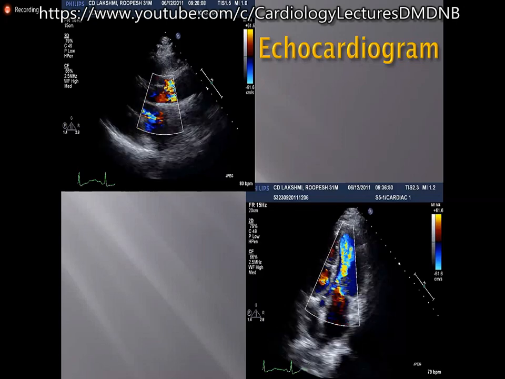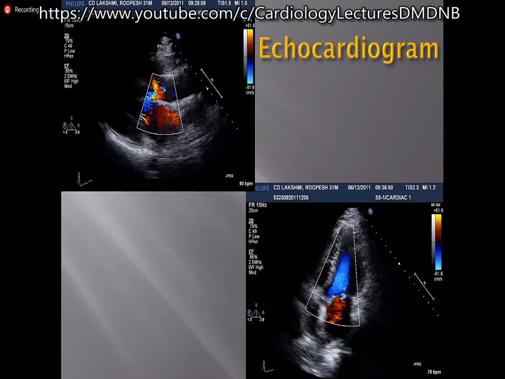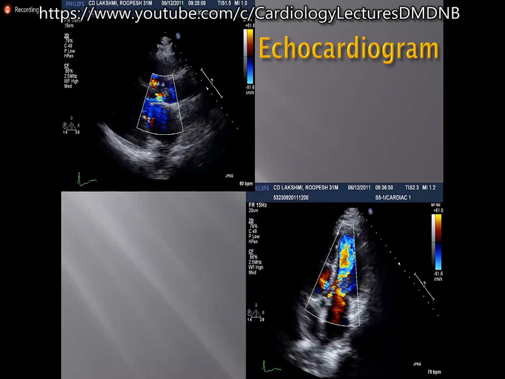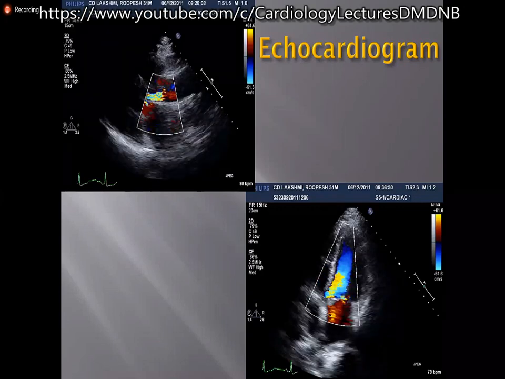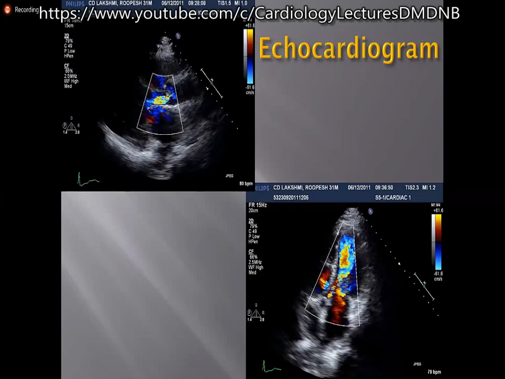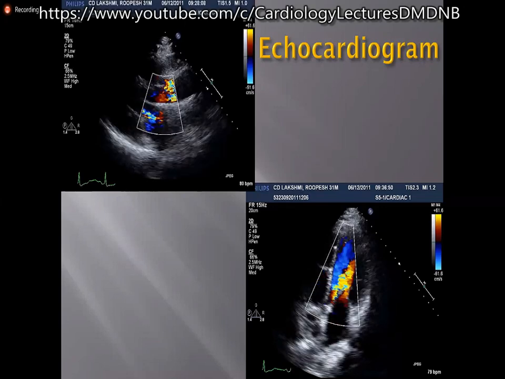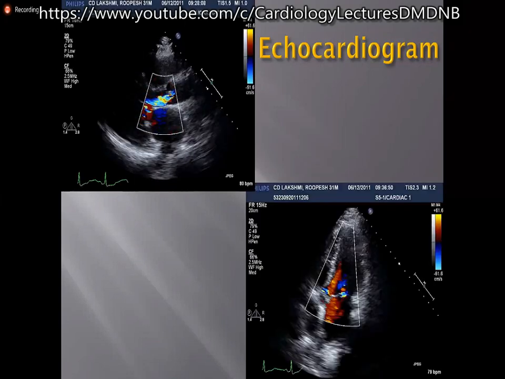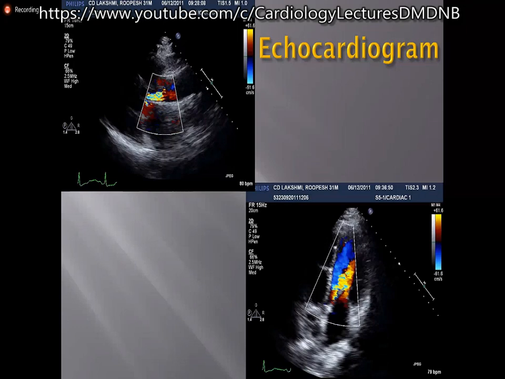regurgitation, hemoglobin 10.5. So today, in these days of technological explosion, we do HbA1c more often rather than HB, because you look at various investigations.